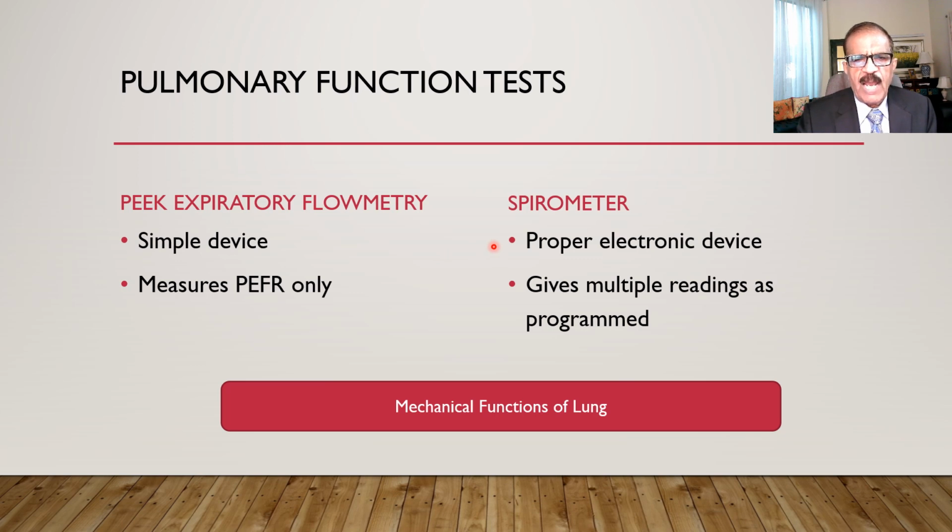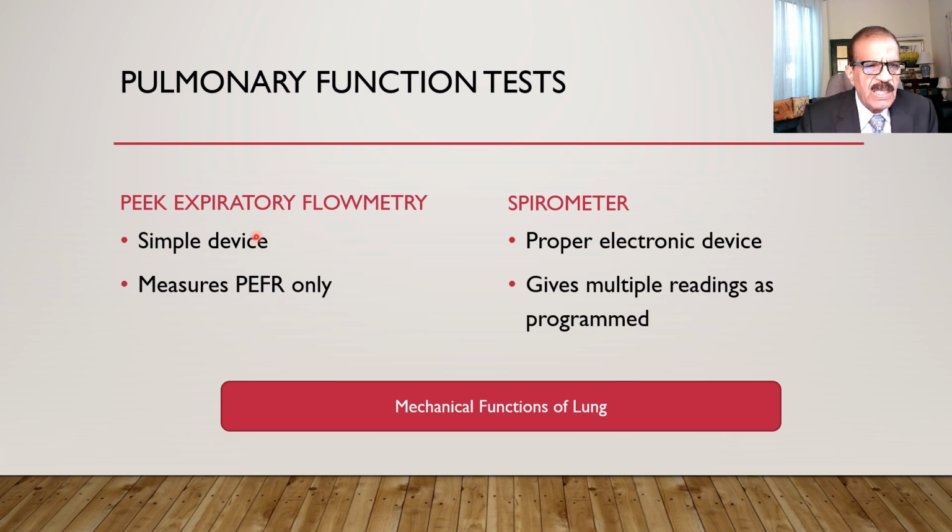There are two types of devices. One is simple peak expiratory flowmetry, and the other is proper spirometry. This is just a simple handheld device. It used to be a simple mechanical thing, but nowadays they have digital devices. This is the proper spirometric equipment, and this used to be very bulky, but with digitalization this has also become very small and handy.